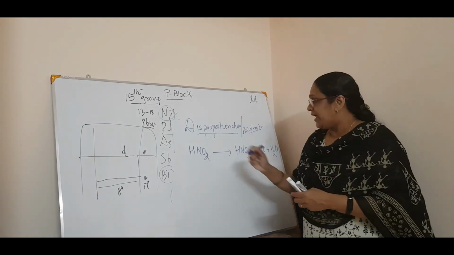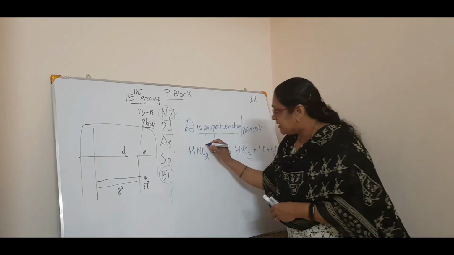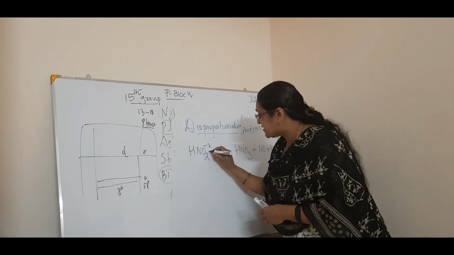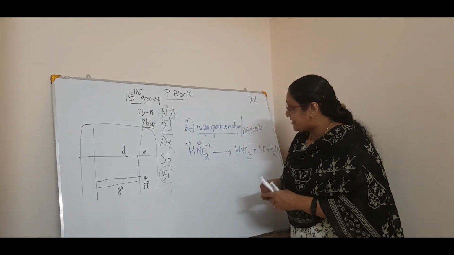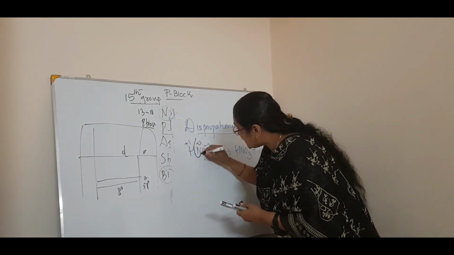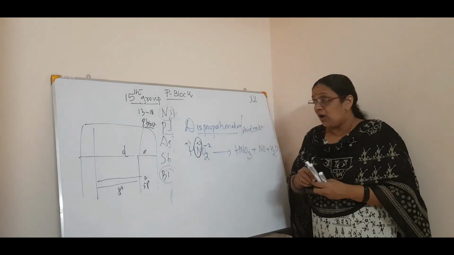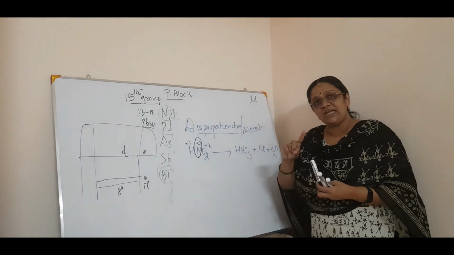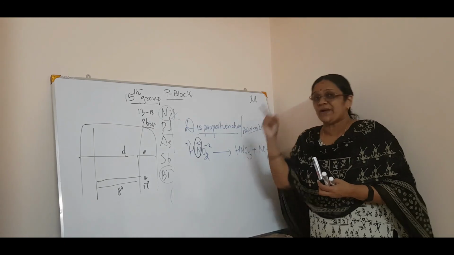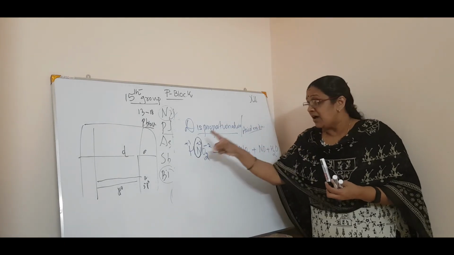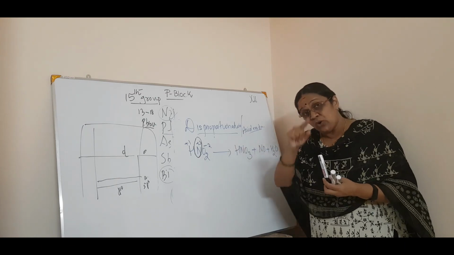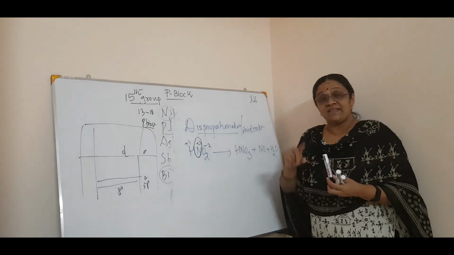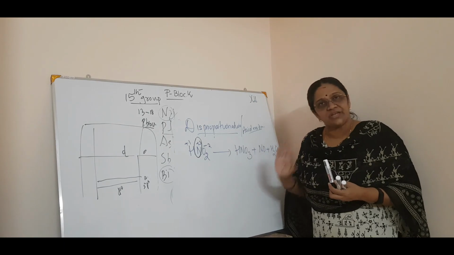In this case, this is -2, that is +4, this is +1 and this is +3. The nitrogen oxidation number is +3. Now how will it change? It will undergo oxidation as well as reduction. Oxidation means it must be higher than +3 and reduction means it must be lower than +3, and that too in the same equation.